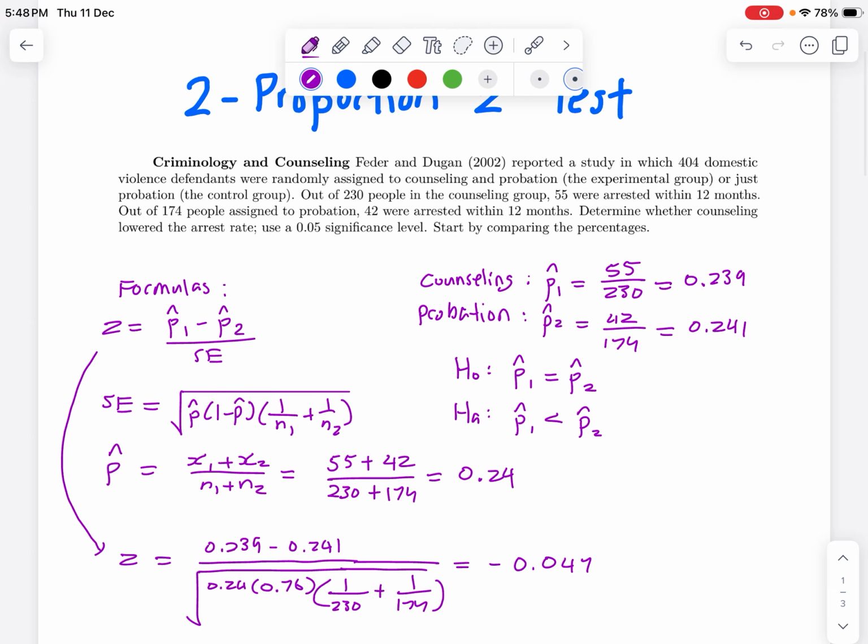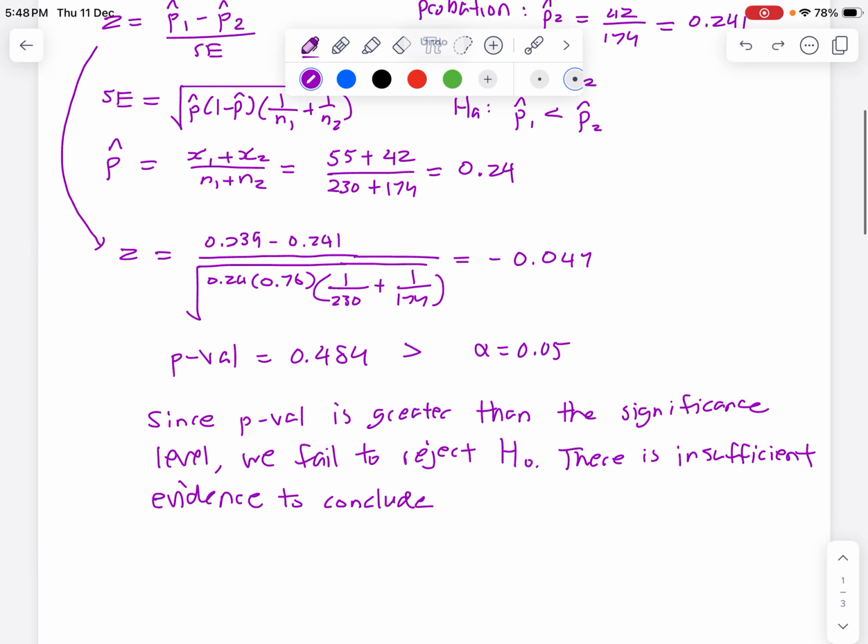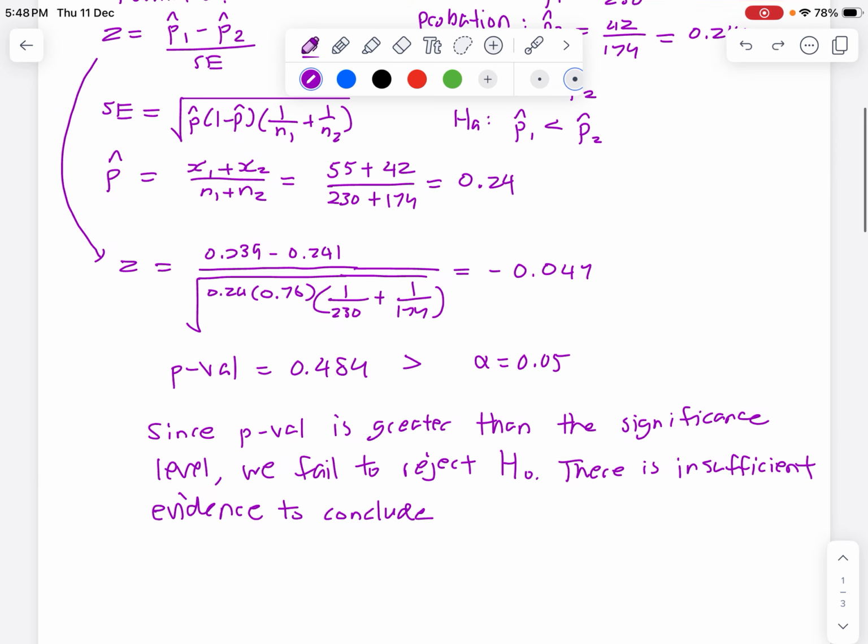The alternative is that counseling lowered the arrest rate, remember? So we have to say there's insufficient evidence to conclude that counseling lowered the arrest rate.